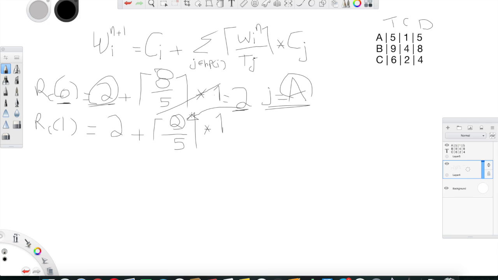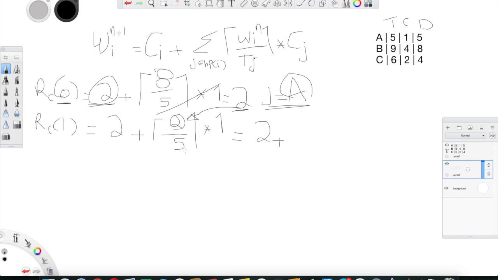Okay, so the previous response time was 2. So to calculate the next response time, I use the previous response time. So 2 divided by the period of task A, which is 5, multiplied by the computation of task A, which is 1. So it will be equal to 2 plus the ceiling of 2 divided by 5.